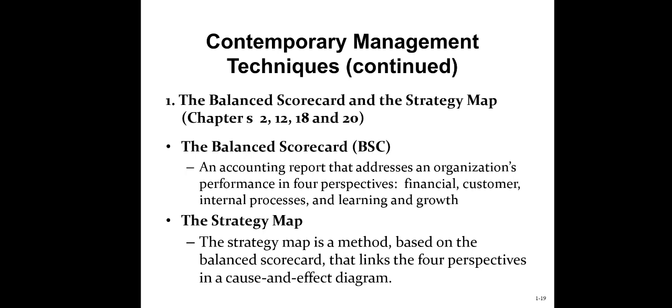It is an accounting report that addresses an organization's performance in 4 perspectives: financial, customer, internal processes, and learning and growth. If you can remember, when an organization wants to increase their performance, particularly their financial performance, the first thing they have to manipulate is these 4 perspectives in the balanced scorecard.